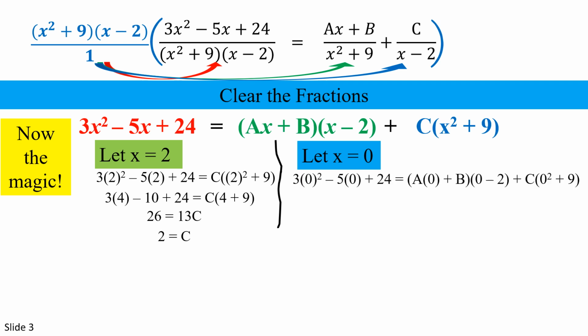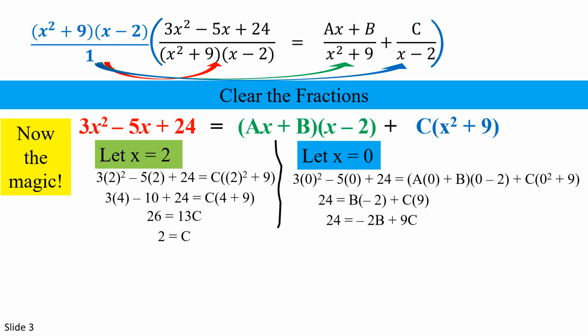So on the left is 3 times 0 squared minus 5 times 0 plus 24, and on the right is A times 0 plus B times 0 minus 2 plus C times 0 squared plus 9. Leaves us 24 equals B times negative 2, because the A disappeared, plus C times 9, or 24 is negative 2B plus 9C.